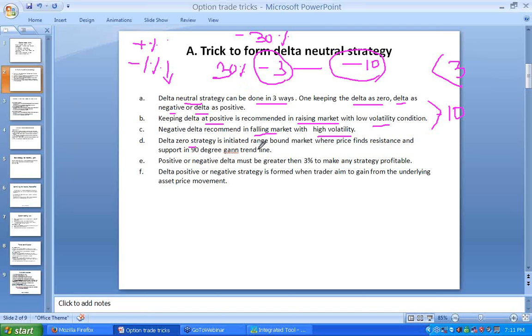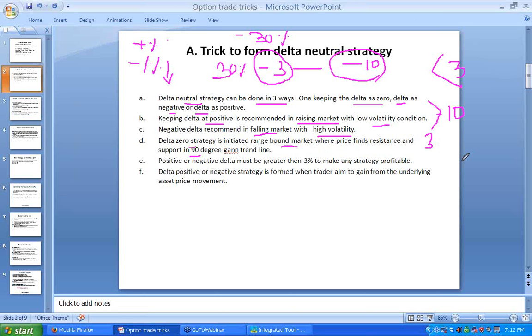And delta zero strategy is initiated in a range bound market where the price finds resistance and support at the 90-degree Gann trend line. I have already taken one session on WD Gann. If you are using Gann's concept and the 90-degree resistance line is considered a very tough level, and you find that resistances and supports are being capped in this particular price range, that time the delta zero strategy is initiated.